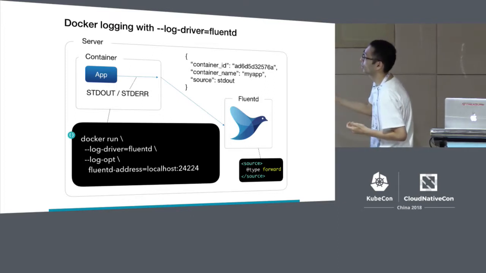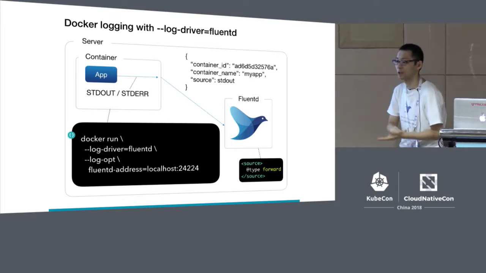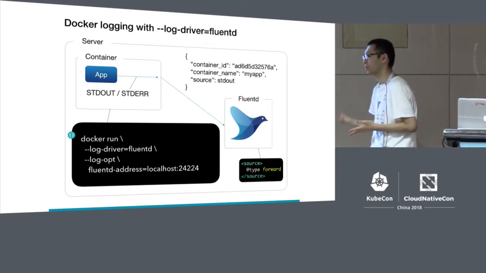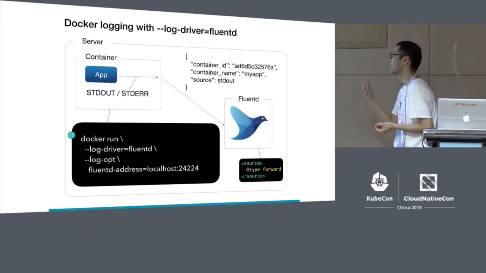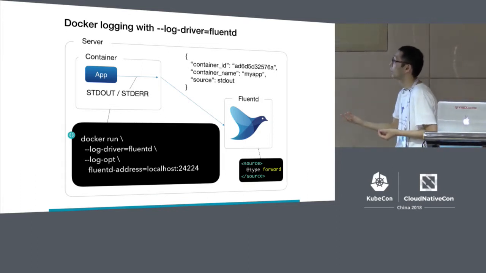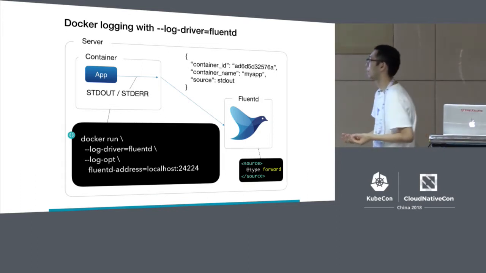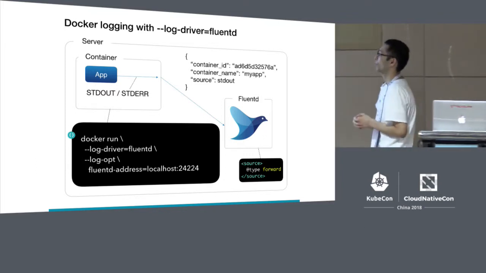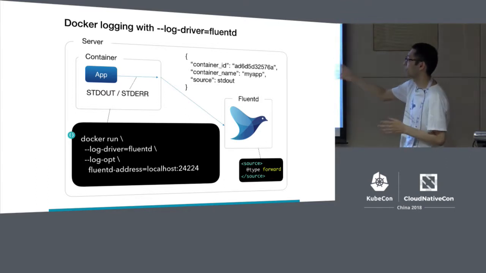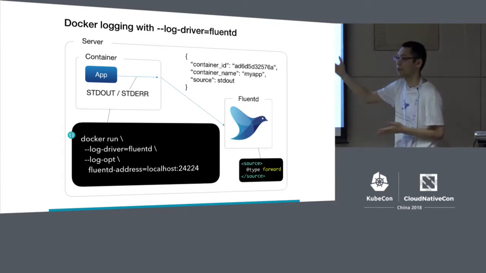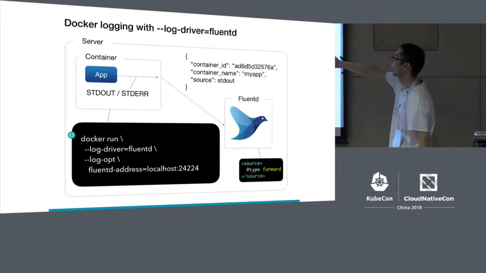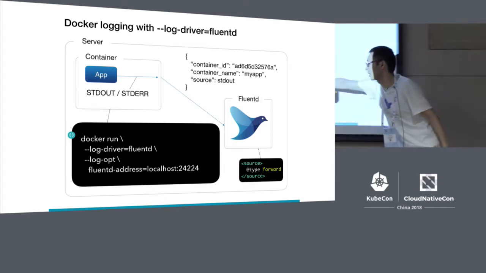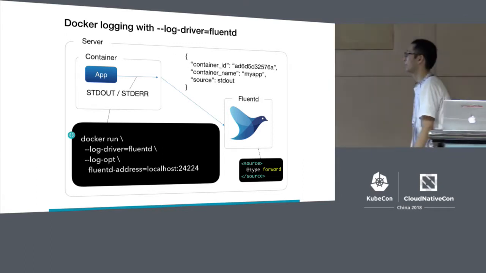The Docker logging driver has several types, such as Fluentd, Gelf, or others. Since the Docker logging driver supports Fluentd, you can use this approach for collecting container logs without writing additional code in your application. The Docker logging driver collects the logs from Docker's standard out or standard error and sends them to the Fluentd instance. This is a configuration example of the Docker logging driver.